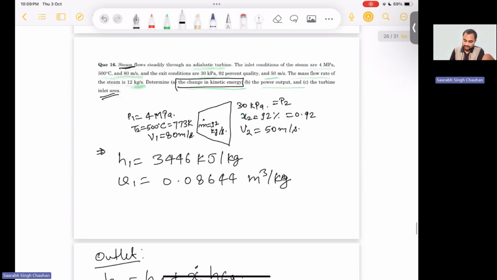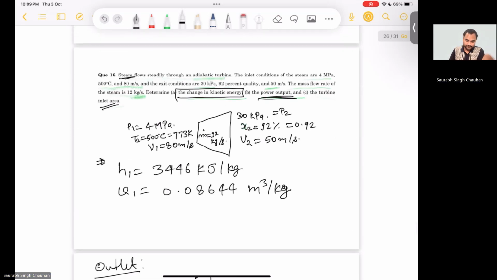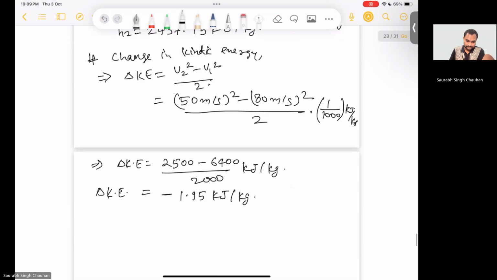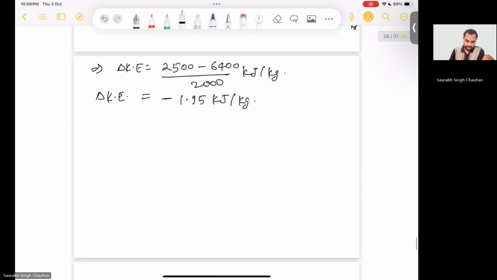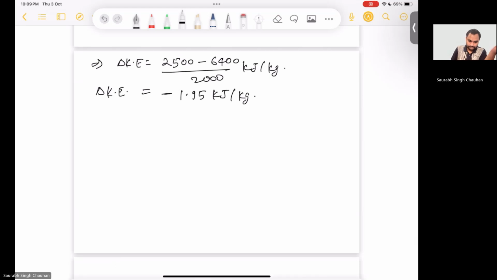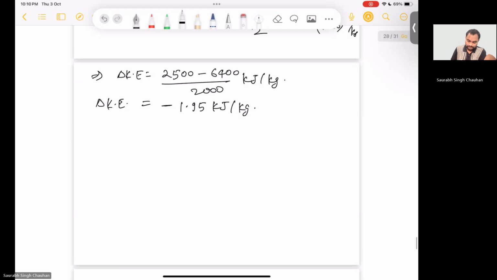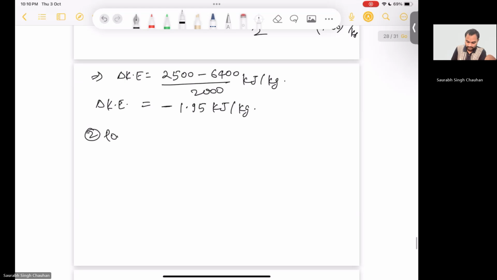Another thing that we have to find is power output. Turbine is a power producing device, right?